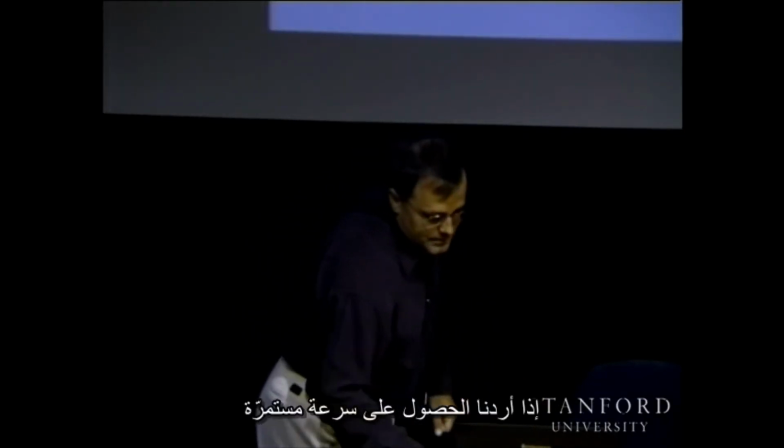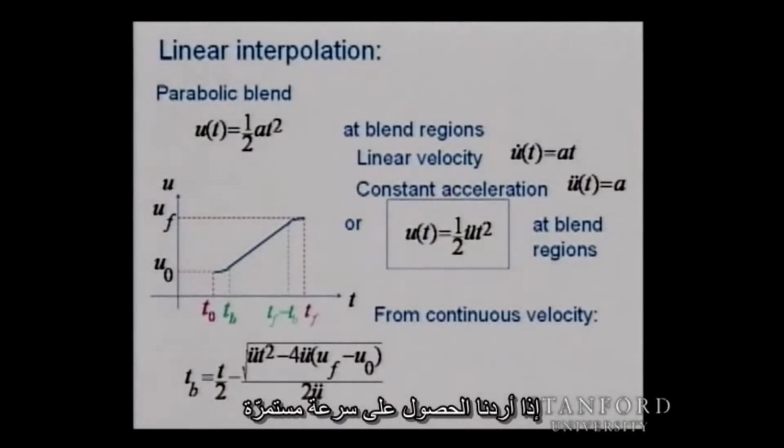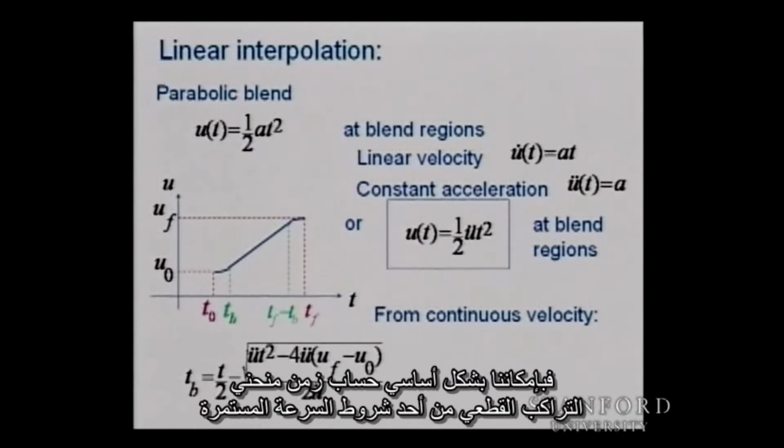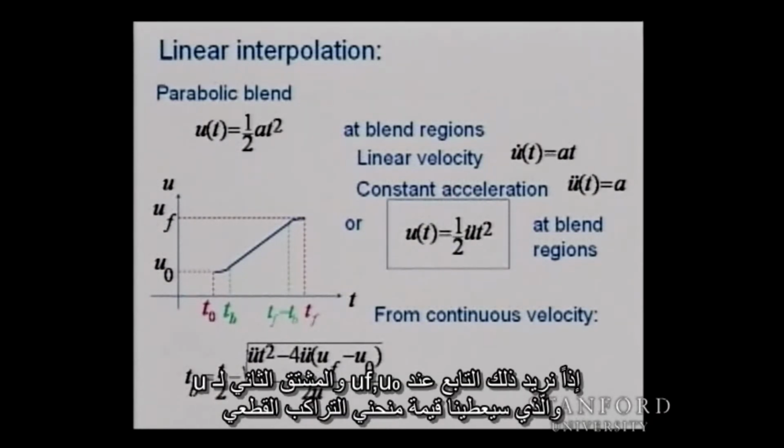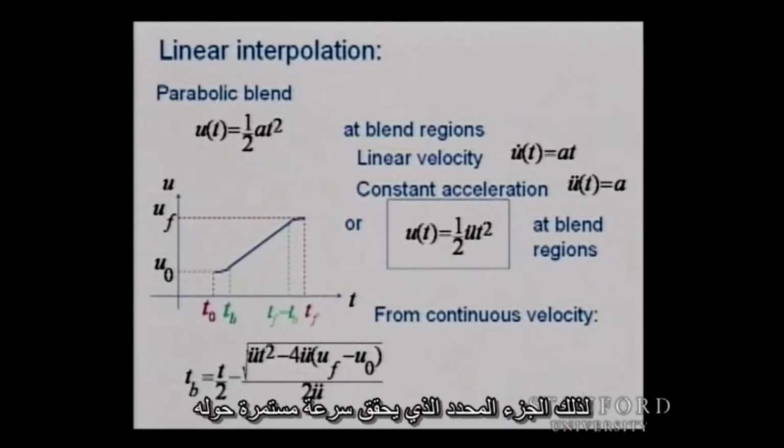So if we want to have continuous velocity, then basically we can calculate the time for the blend from a condition for a continuous velocity. So we want this function at u sub f, u sub 0, and u double dot will give us the value for the blend for that particular region that achieves continuous velocity.